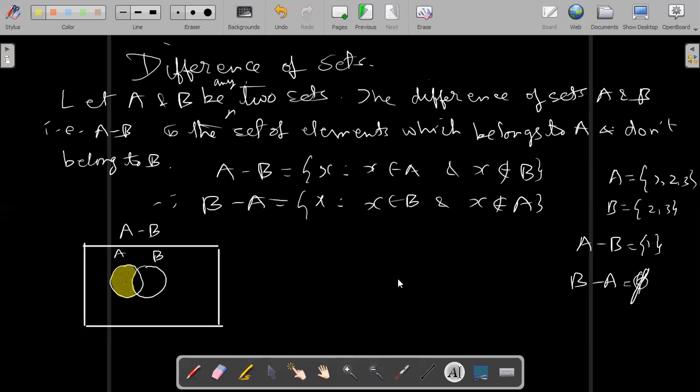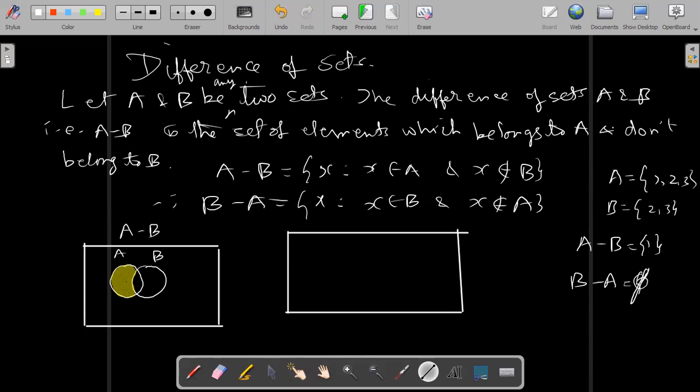Similarly, B minus A. This is A minus B. Now B minus A Venn diagram. This is your universal set.